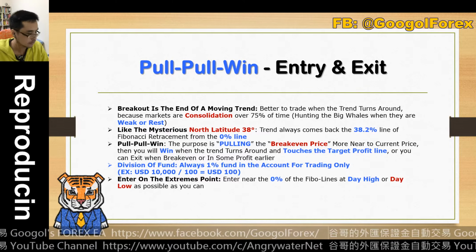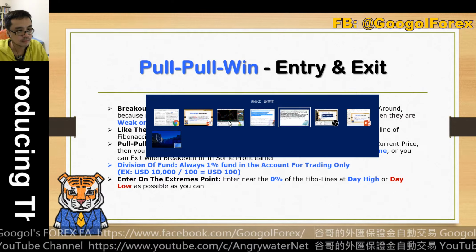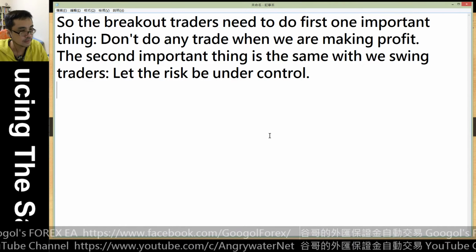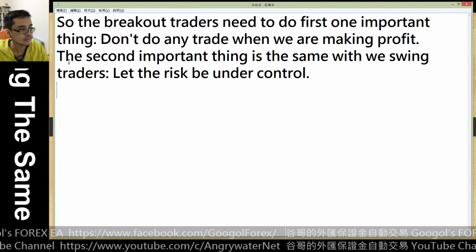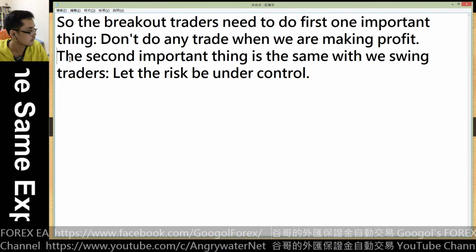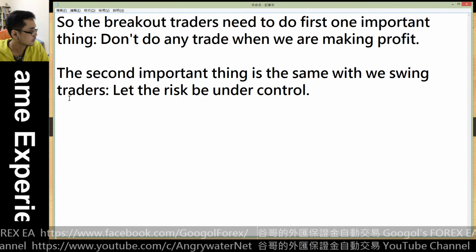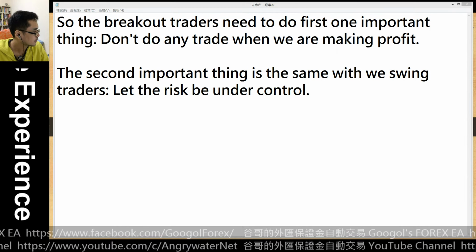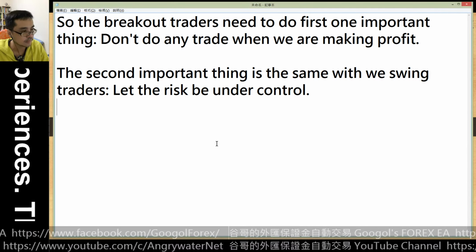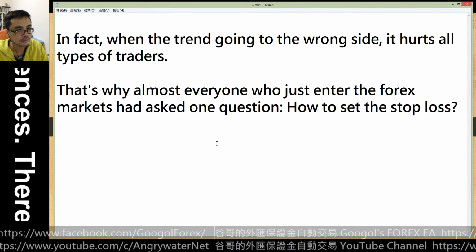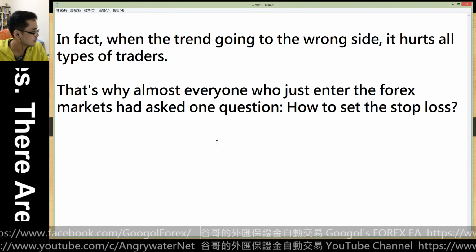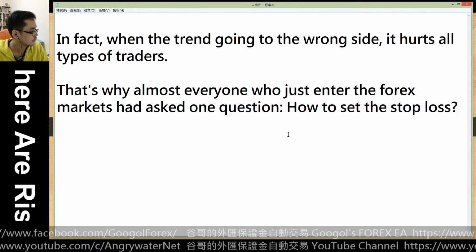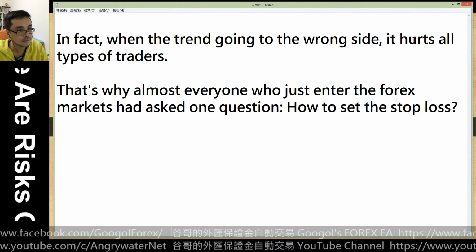In fact, when the trend goes to the wrong side, it hurts all types of traders. That's why almost everyone who has just entered the Forex markets asks one question: how to set the stop loss. There is a simple, suitable solution to control risk for the trading skill that Googol designed within the Alchemy. This is the oldest but a useful principle.